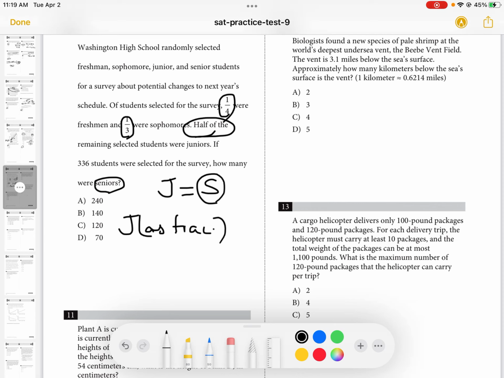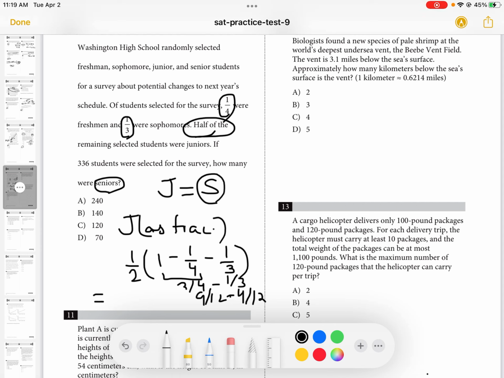So the amount of juniors as a fraction of total population is 1/2 of 1 minus a quarter minus a third. This part is equal to 3/4. 3/4 minus 1/3, that's 9 over 12, minus 4 over 12.